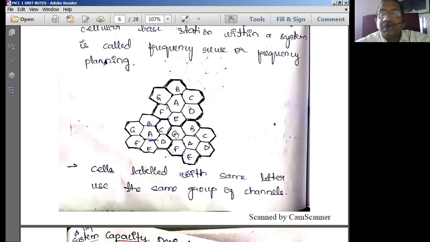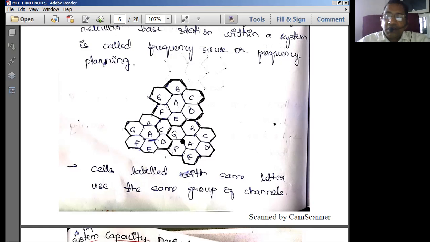Similarly, cell G of this cluster is separated by a 5 kilometer distance from cell G in this part. Thereby the signals coming out of cell G of one cluster cannot interfere with cell G of another cluster under any circumstances.